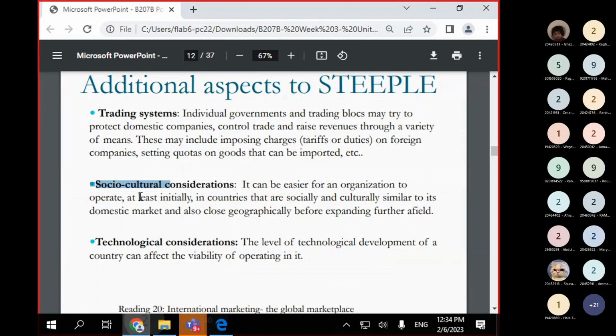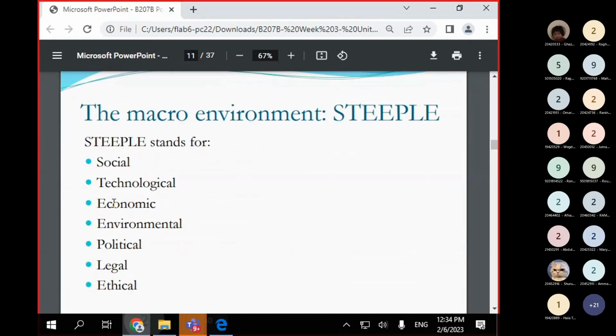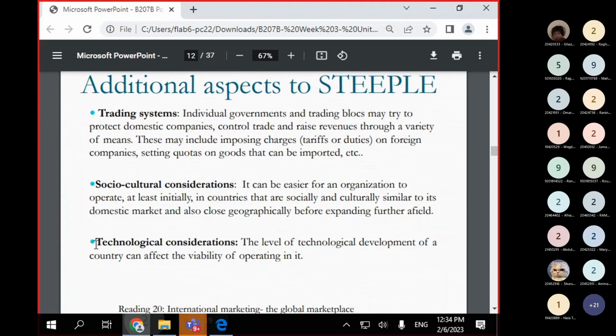Why? Because the social and the cultural factors are similar initially. Of course, there will be some differences, but they are initially similar in terms of the language, the culture, religion, and so on. Okay, so this is what? This is a social factor.